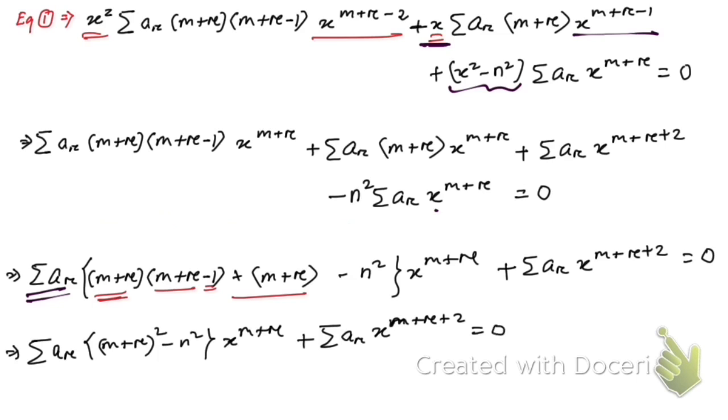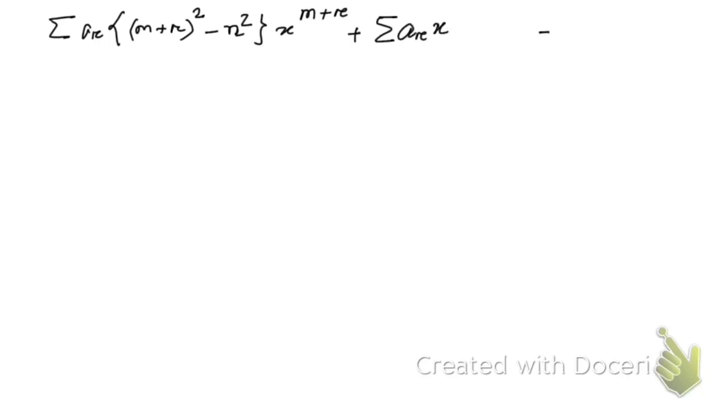Okay, so now let me copy this last step and go to the next slide. So here is the last step we have gone. This was the last step, right? So let me write that first.